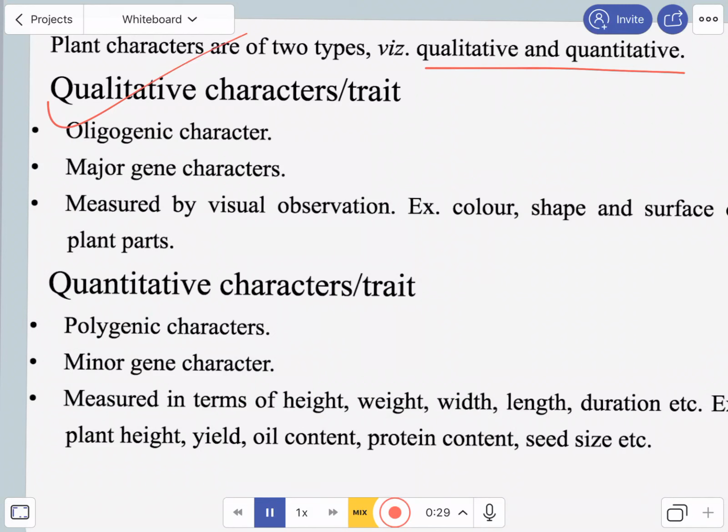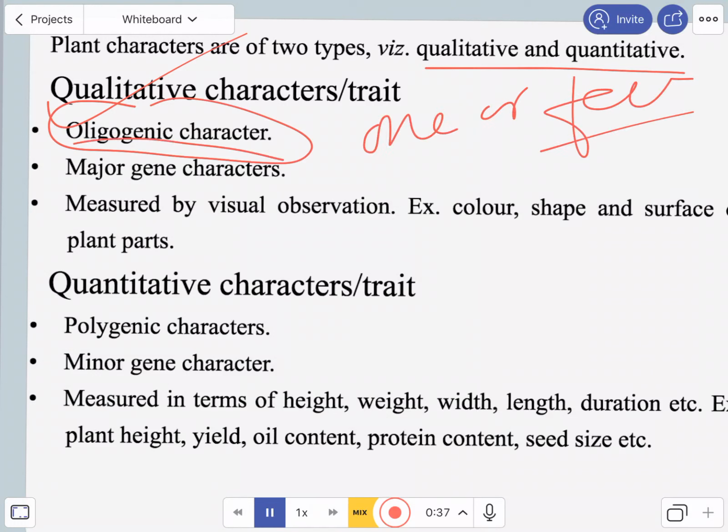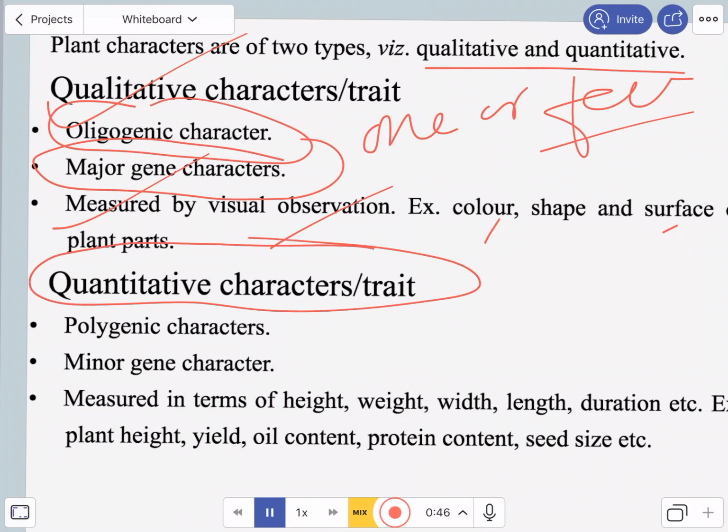Qualitative traits are those characters which are governed by oligogenes. Oligogenes means one or a few genes. These are measured by visual observation, like color, shape, and surface of plant parts. Quantitative characters are those governed by polygenes.